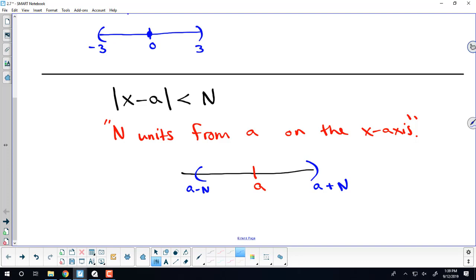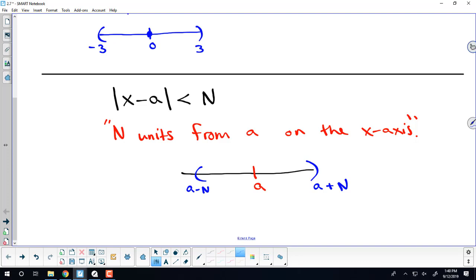Can you already see how this might be put into the context of a limit? In the context of a limit, what has to happen to n if I'm approaching a? It gets smaller. Yeah, so when we look at the definition of the limit, we're going to think of that number as a super small number, like I'm 10 to the negative 32 from a.